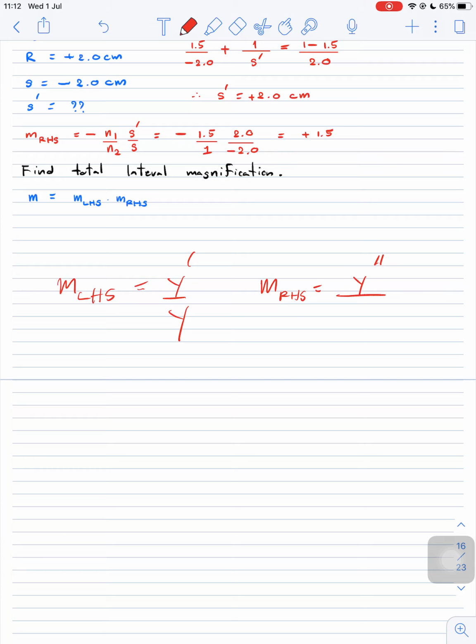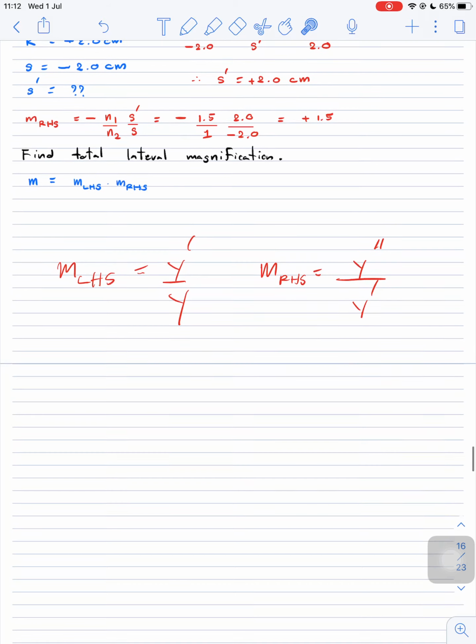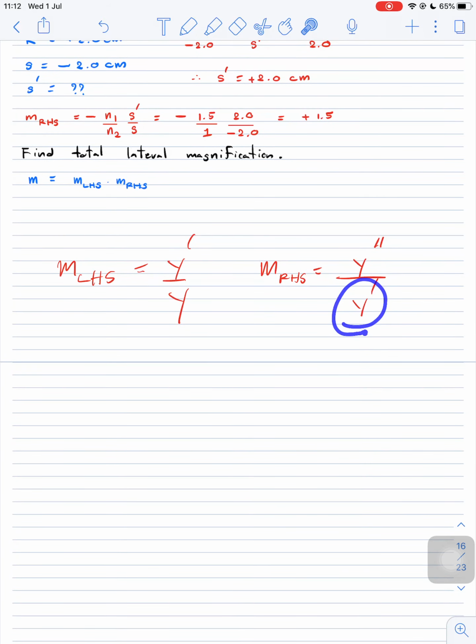The y prime here is the height of the image, and this is going to be the object for the right hand side. And the y double prime is the height of the image due to this right hand side. So totally we just want to find the total magnification, the ratio of the height of the final image over the height of the original object.